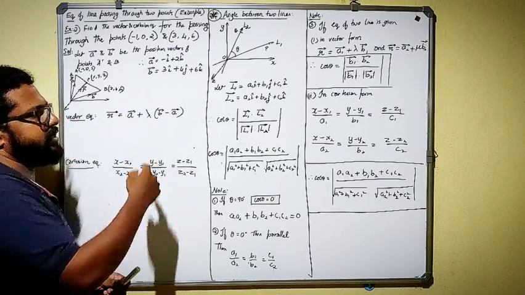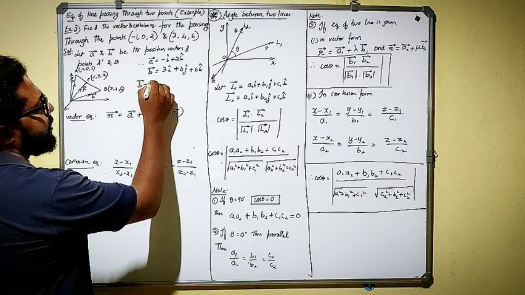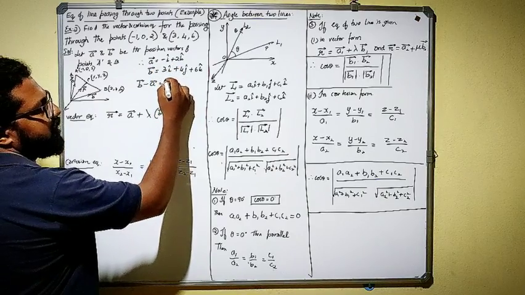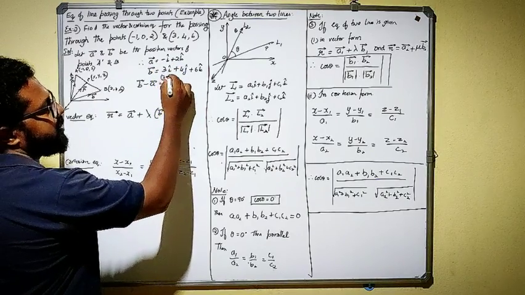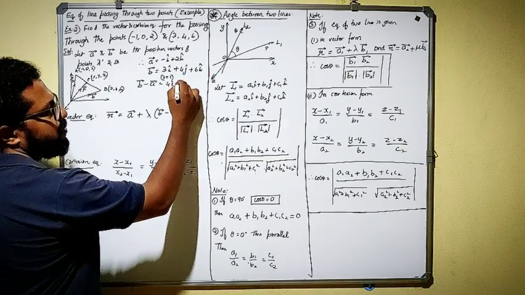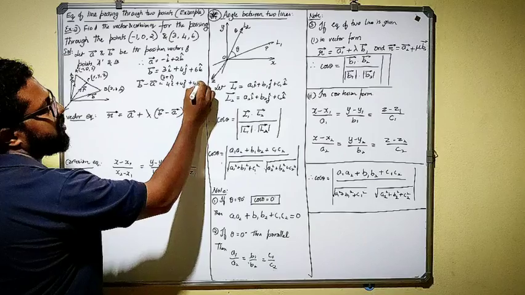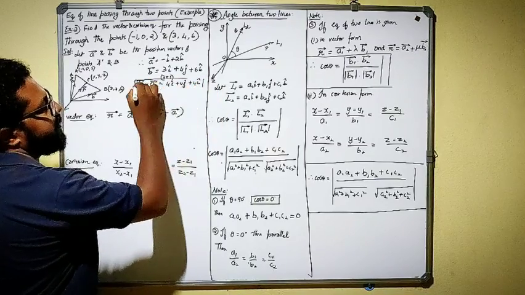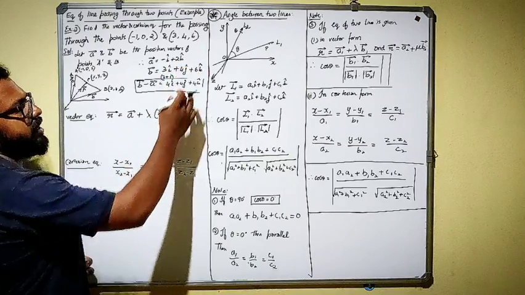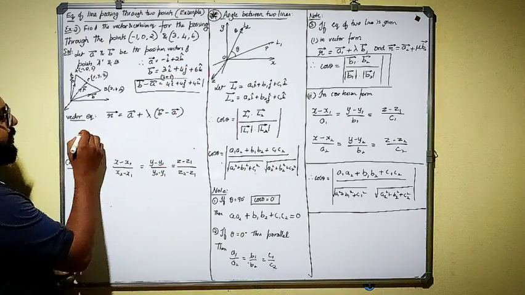Right now it is B minus A. So first let me find B minus A. 3 minus of -1 is 3 plus 1, that is 4i cap, 4 minus 0 is 4j cap, 6 minus 2 is 4k cap. I just found B minus A by subtracting the components and writing the corresponding unit vectors.